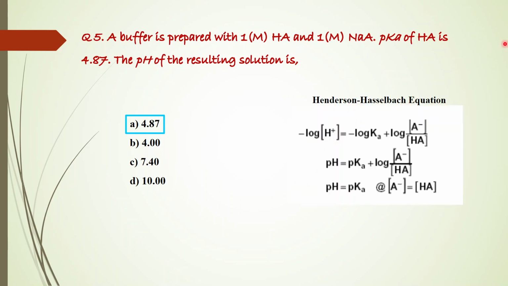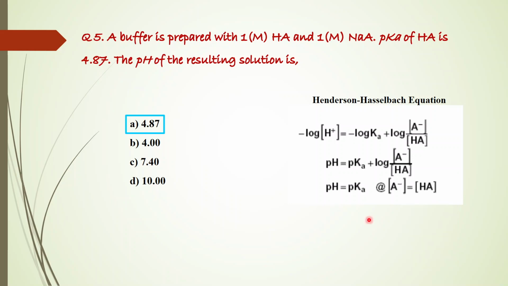How? This is the Henderson-Hasselbalch equation that I was talking about. pH equals pKa plus log of the salt concentration, or the base concentration you can say, over the acid concentration. So this is the basic equation.